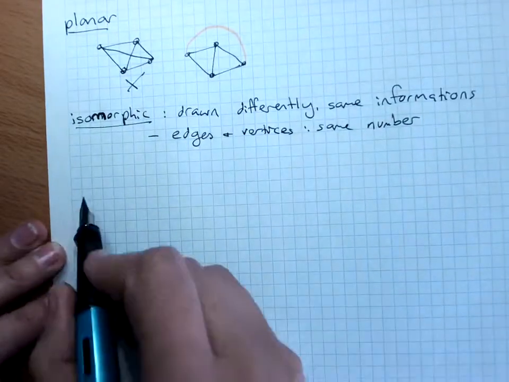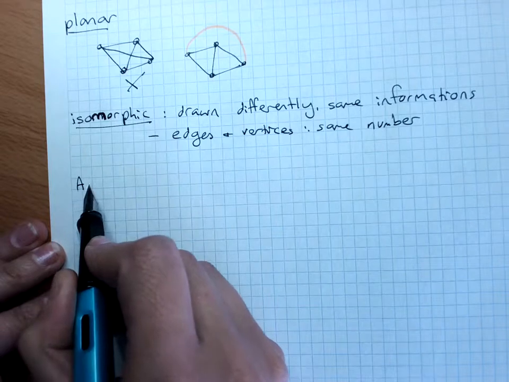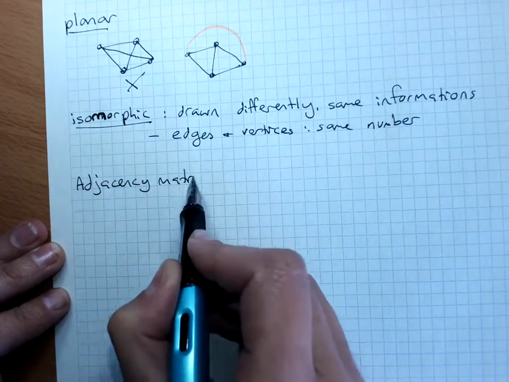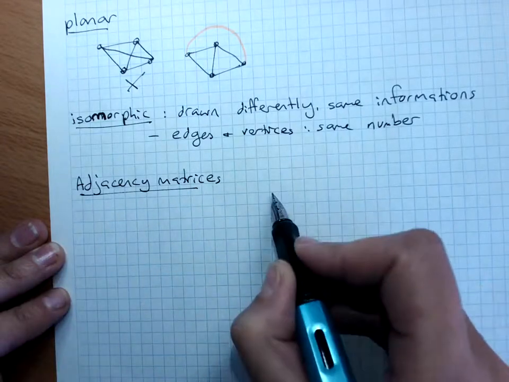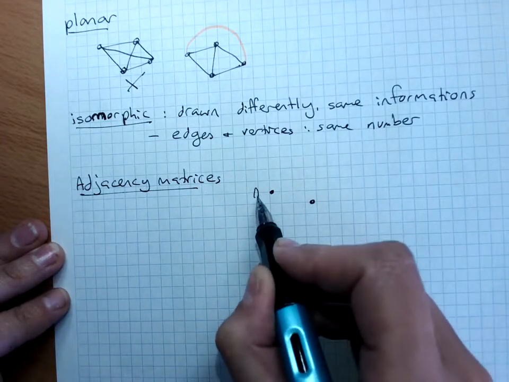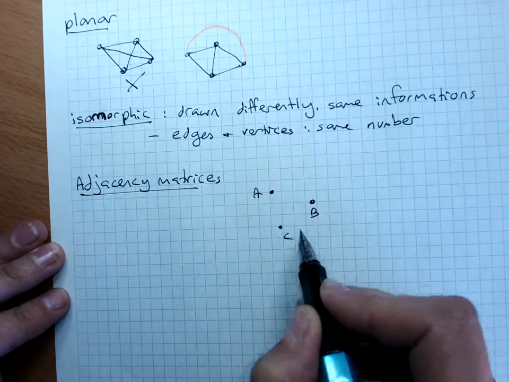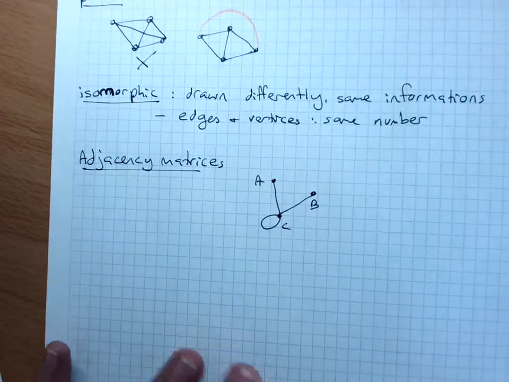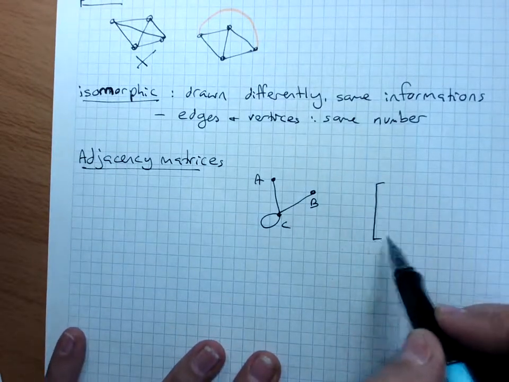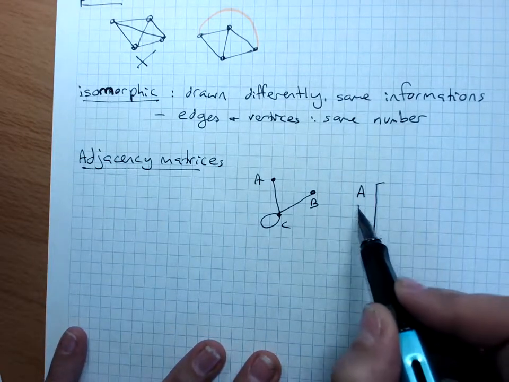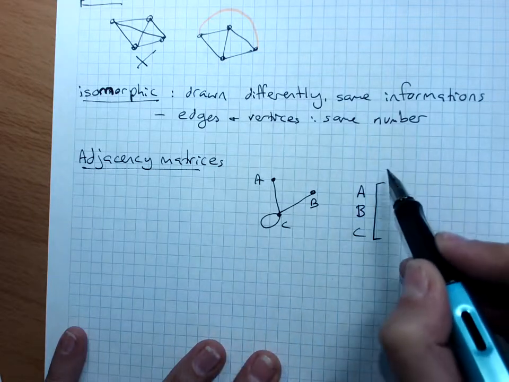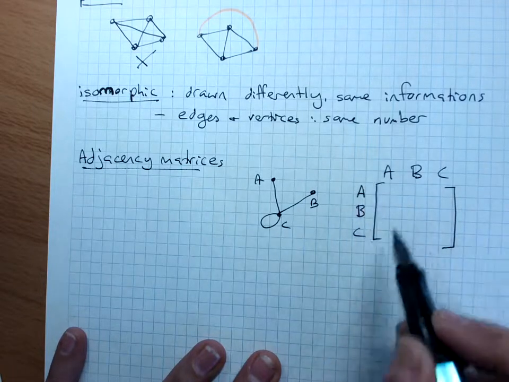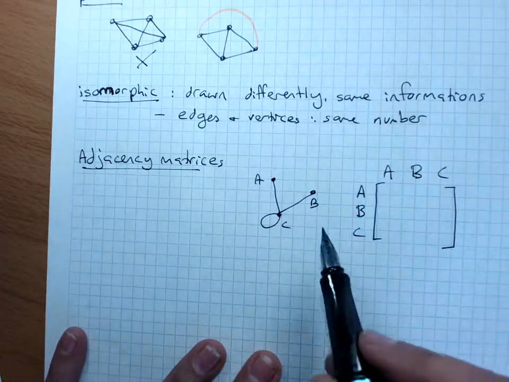You've got to have the concept of adjacency matrices and networks. Where, of course, you have a network, you can make an adjacency matrix, adjacency meaning next to. You put the names of each of the vertices down and across your matrix.